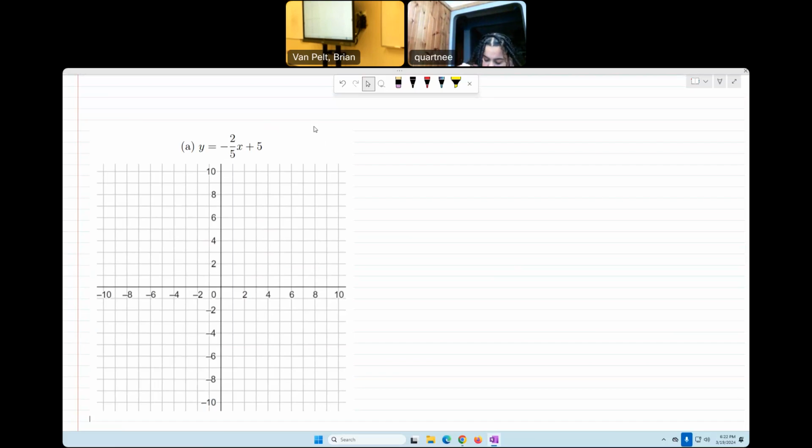I thought the positive was up. It is, positive is up. Negative is down. So when you look at this m here, I would think of it as -2 over +5. This is 2 down over 5 right.